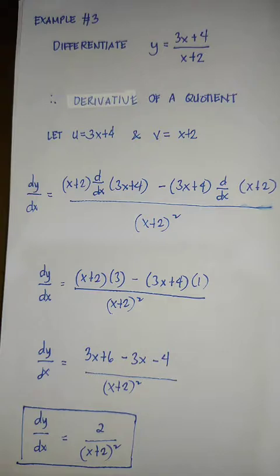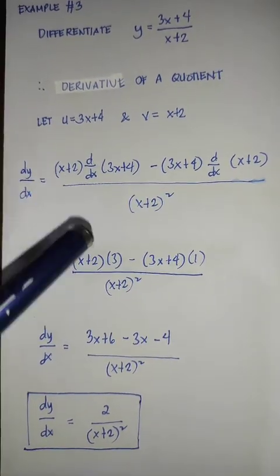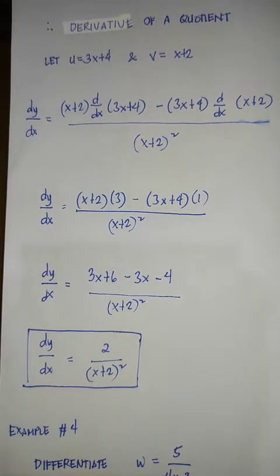So, ang taas niya is, di ba, v derivative of u with respect to x minus u derivative of v with respect to x over v square. So, ito siya. And then, doing differentiation dito, magiging lang siyang ganito. dy over dx or y prime is equal to 2 over quantity x plus 2 squared.